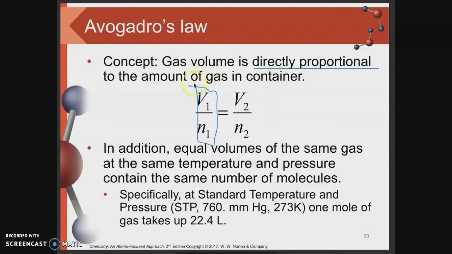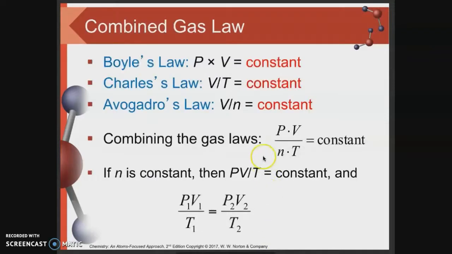This particular one required us to have a constant pressure and temperature in order to have this proportionality, which is why STP got brought in here. Other ones have required different things being held constant. What if we didn't have things held constant? What could we do?